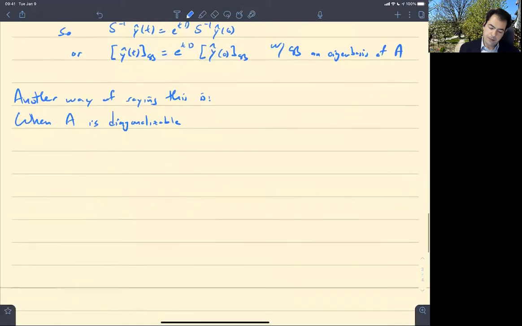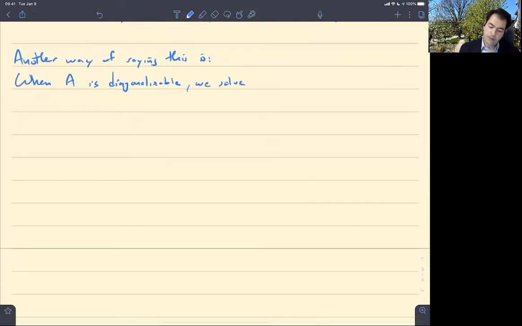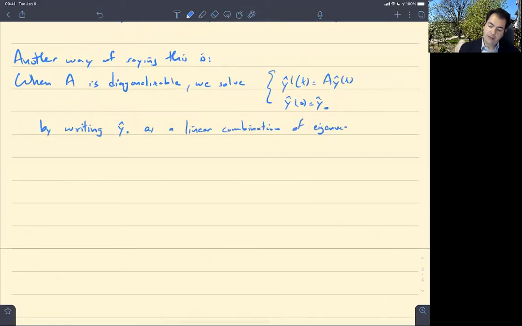When A is diagonalizable, we can solve this system by writing our initial condition, y hat naught, as a linear combination of eigenvectors of A. Might say y hat naught is equal to v1 up to vk, with A times vj equal to lambda j vj.